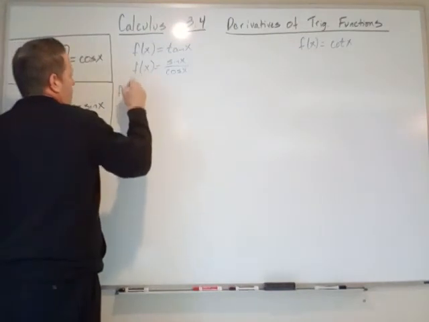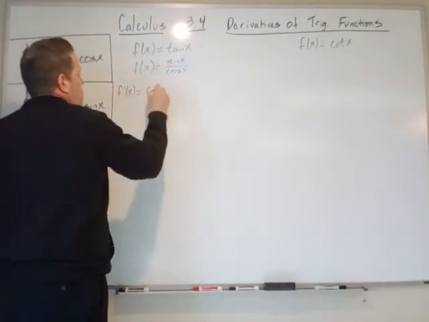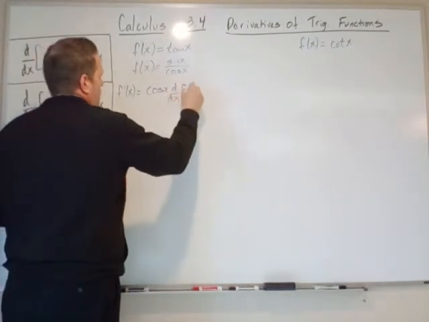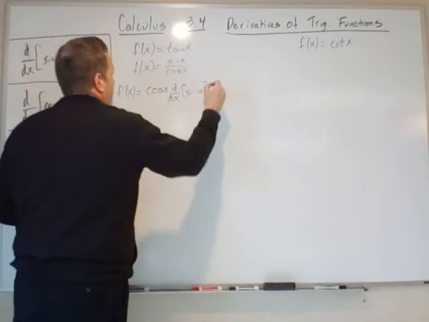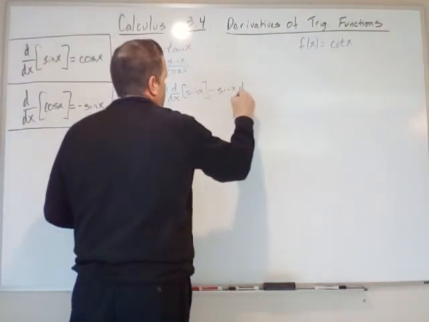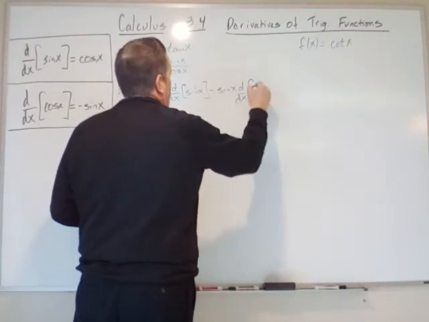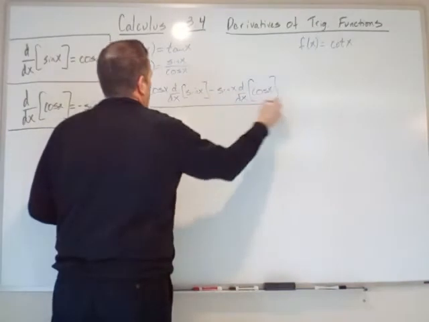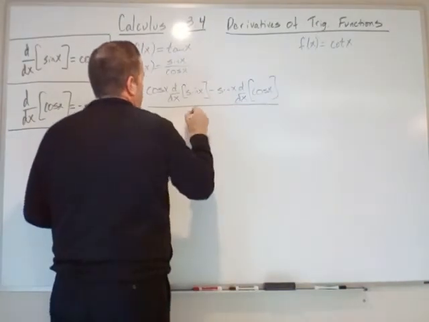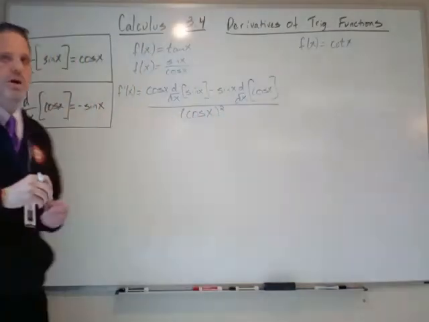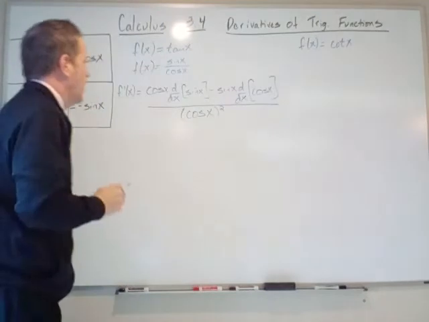So f prime of x, low d high minus high d low, all over the square of what's below. So that's cosine of x, quantity squared. Usually we write that as cosine squared x, but again, same thing.